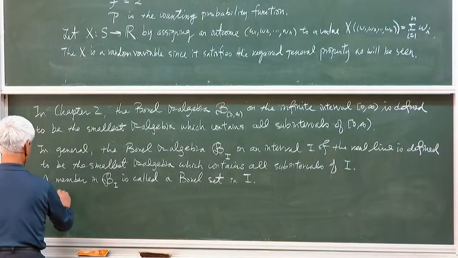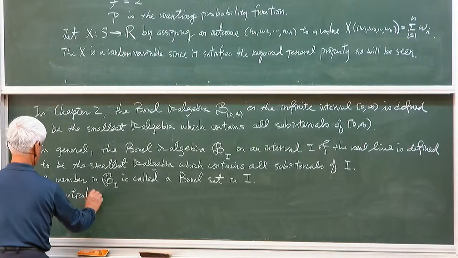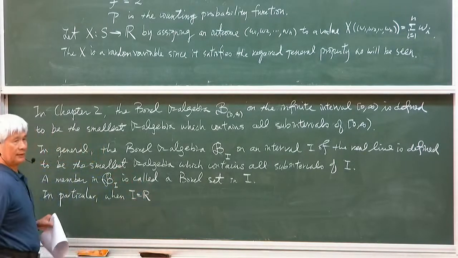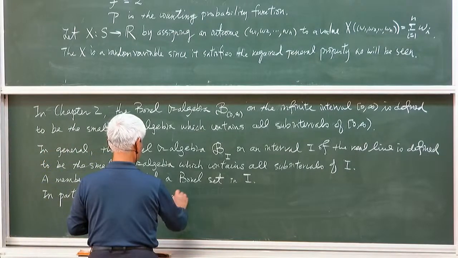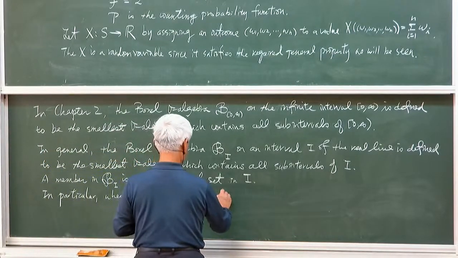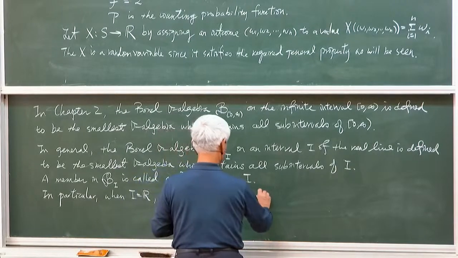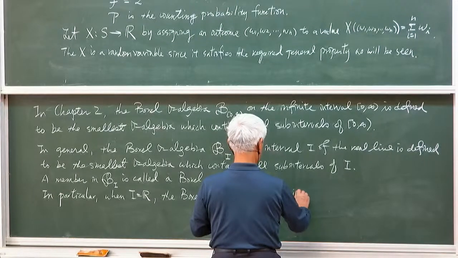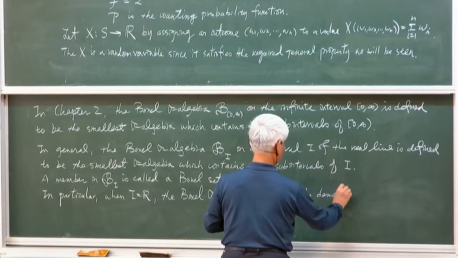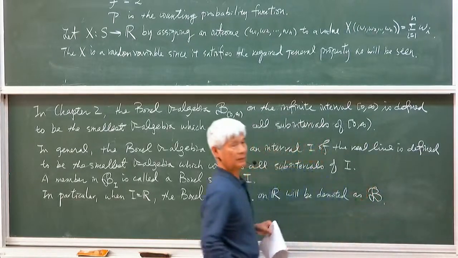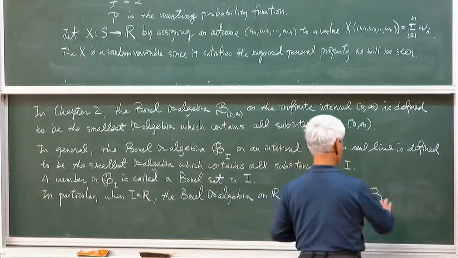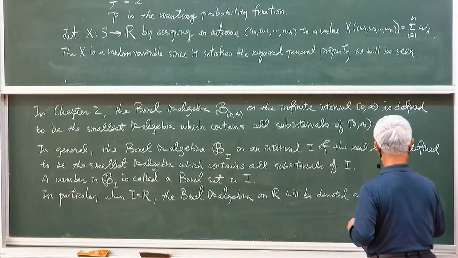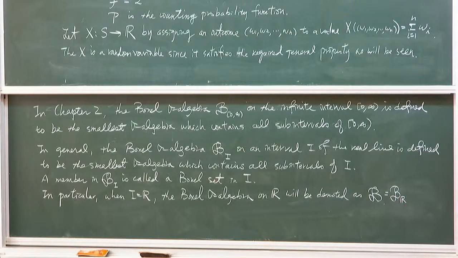In particular, when the interval is the whole real line, the Borel sigma algebra on R will be denoted as just script B. So script B is actually the Borel sigma algebra on the whole real line.